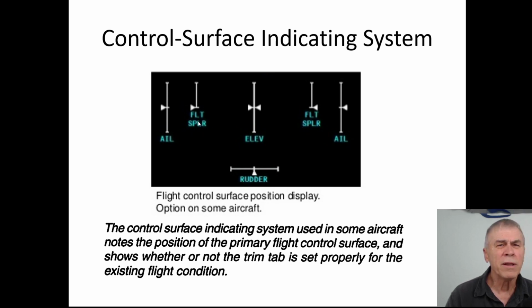I can't quite read it. Is that FLT? Flight spoiler? And your elevator in the rear and your rudder. Wouldn't that be nice if you had moving indicators that show you exactly where your control surfaces are located?